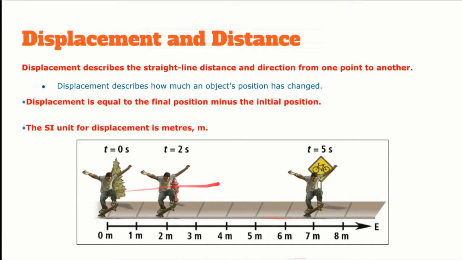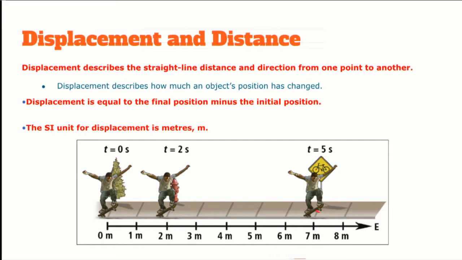What about from the tree to the sign? Well, that's now 7 meters because we started at 0 and then you went to 7. What are you really doing when you're calculating that? You're actually doing subtraction. What I mean by that is you're saying, okay, he ended at 7 and he started at the tree at 0. So 7 minus 0 gives me 7. But if he started here and I want to know his displacement from the fire hydrant, well, he started at 2 and he ended at 7.